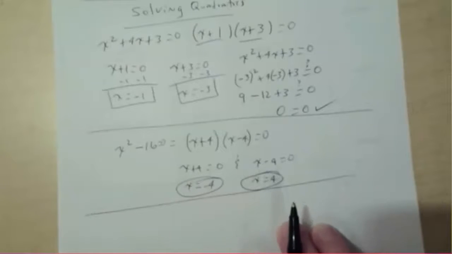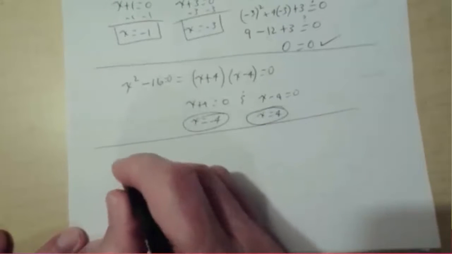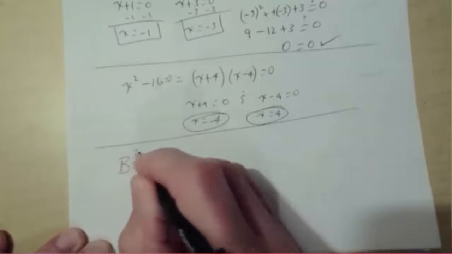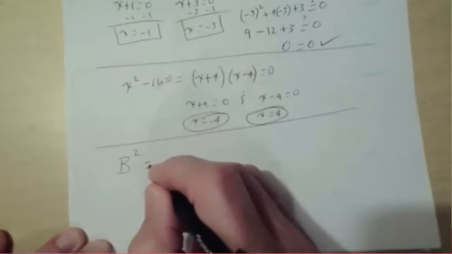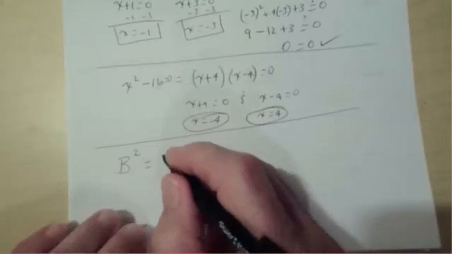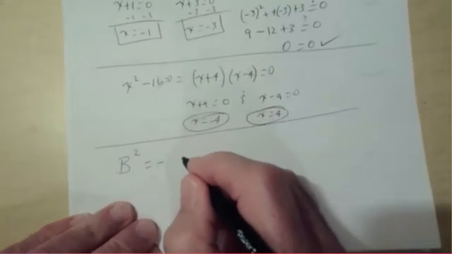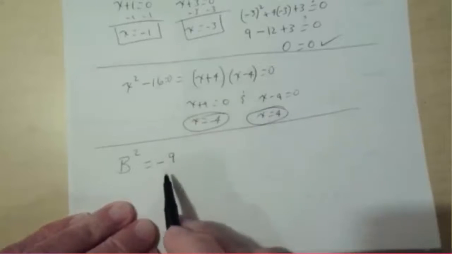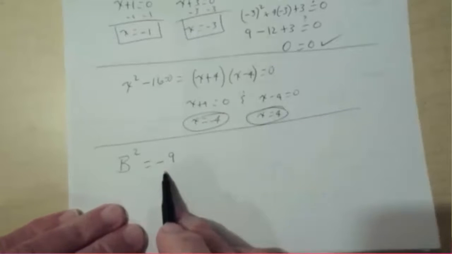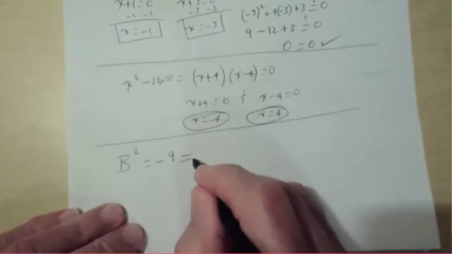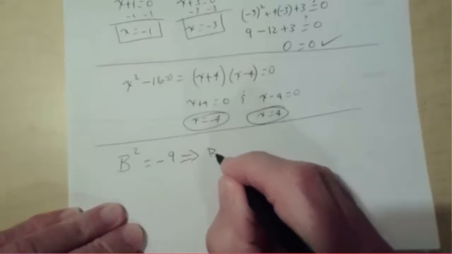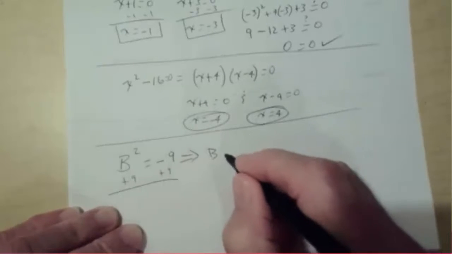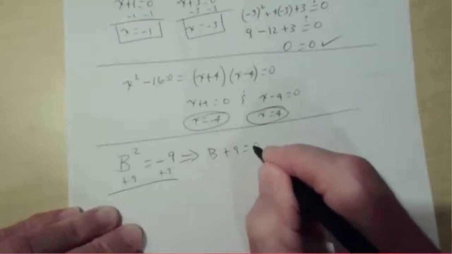Okay, what if we have b squared equals negative 9? Remember, the first thing you want to do is to set this equal to 0. So I'm going to add 9 to each side. b squared plus 9 equals 0.